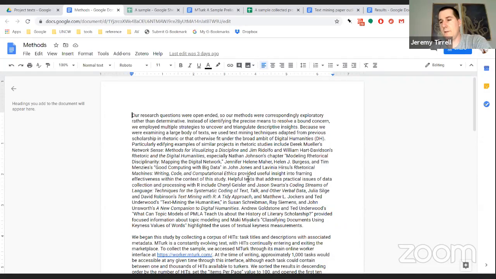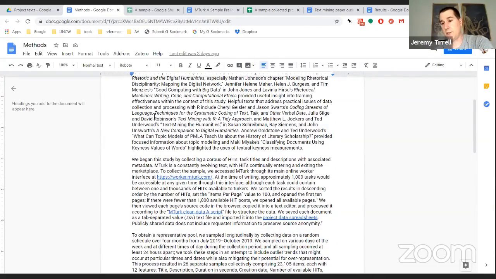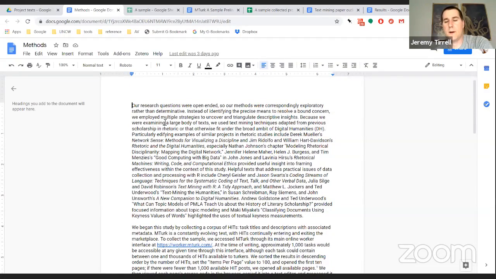So the way that I have it set up, the way that we handle this is the current methods section really is talking about data collection and processing methods, because those are consistent. Yeah. So when you look at the methods here, the way it's structured, it starts by more or less some kind of lit review stuff where it talks about other pieces in rhetoric and broader digital humanities that use similar methods.